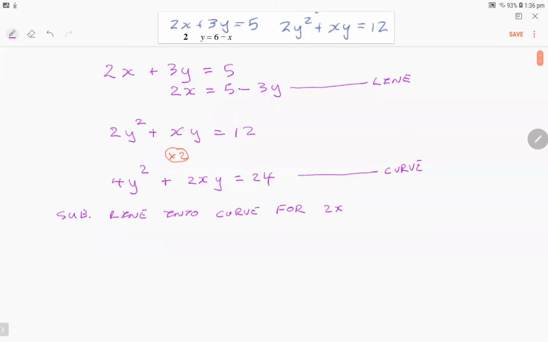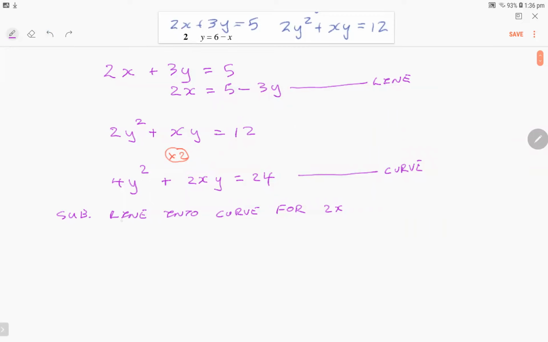See it here, the line is saying 2x equals this. So I'm going to take this and bring it and replace the 2x right here. The line is saying 2x equals that. So I'm going to take that 5 minus 3y and replace the 2x in the curve right there. That way I don't have to deal with fractions and all these things for the substitute for 2x. So you can actually do it like that.